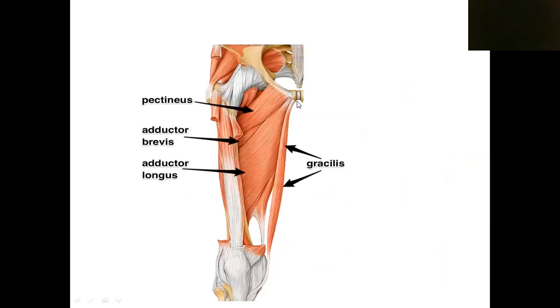See, this one arising from the body and the ischiopubic ramus runs downward and reaches the tibia, and it is inserted to the medial surface of the tibia.